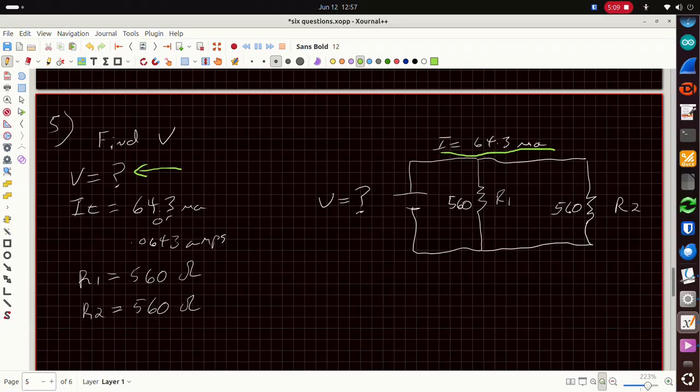R1 is 560 ohms, and R2 is 560 ohms. So knowing the current, and once you figure out the resistance total with this combined set of resistors, you should be able to figure out what the voltage is. That's question 5.